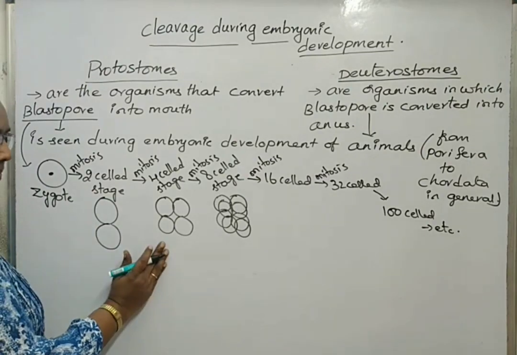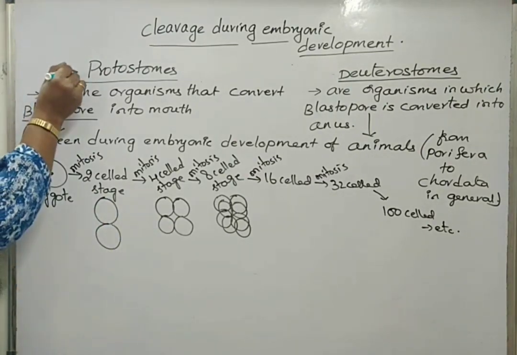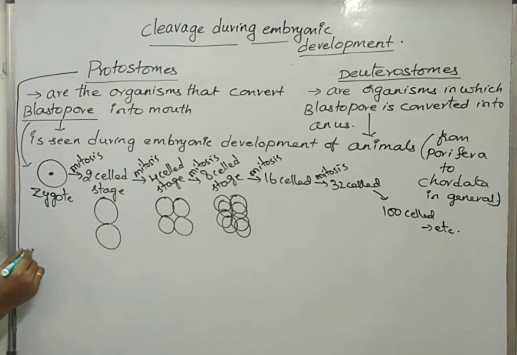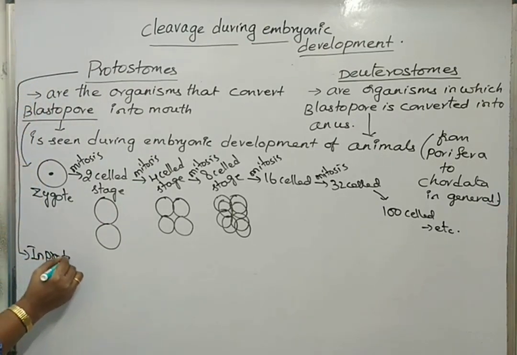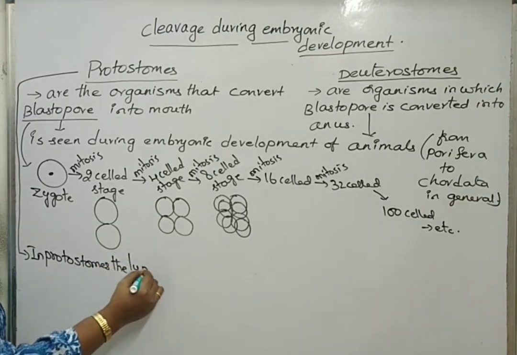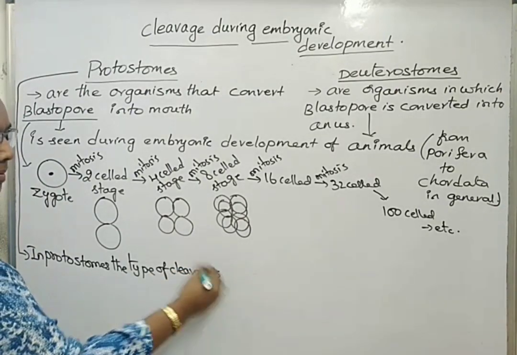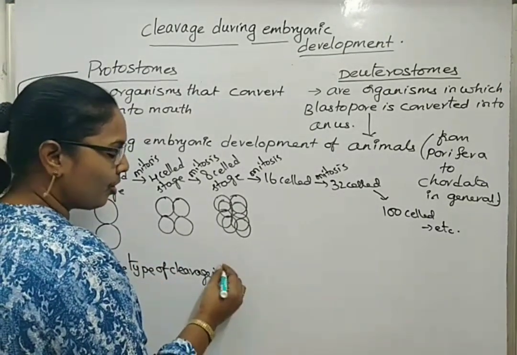So during this mitotic division, how is the mitosis happening? In protostomes, the type of cleavage is spiral cleavage or oblique cleavage.